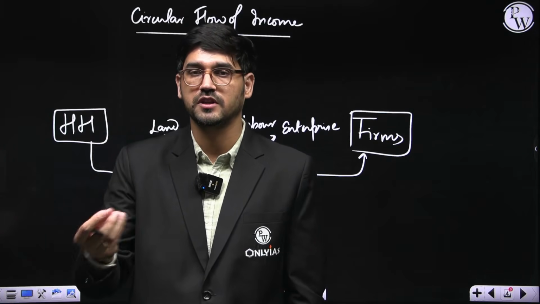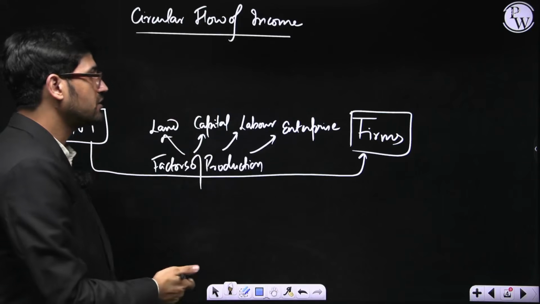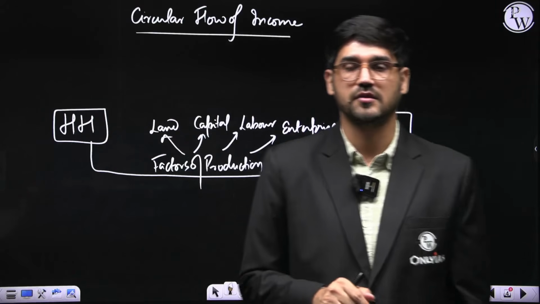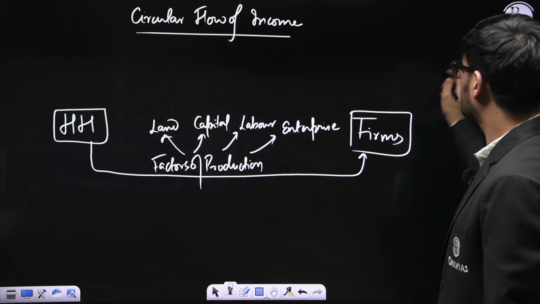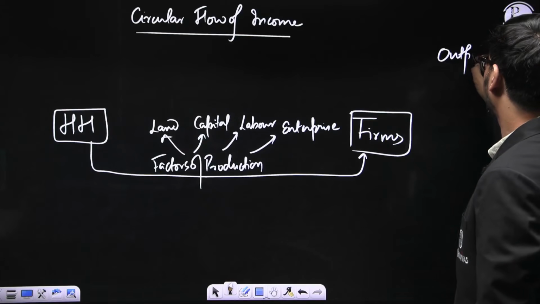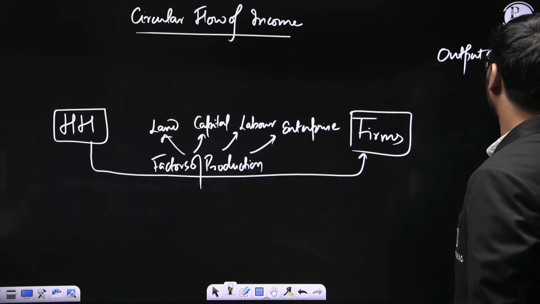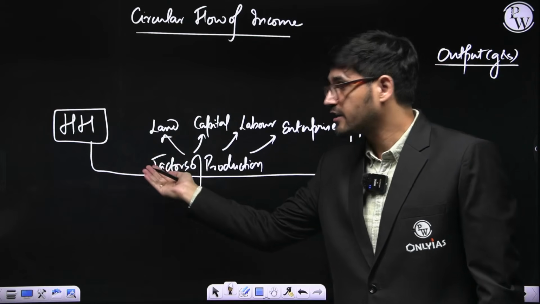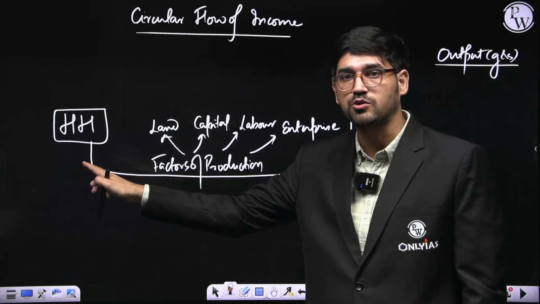Who contributes these factors of production? At the end of the day, each of these factors of production comes from the households themselves. For the firms to produce any output in the form of goods and services, they must require these factors of production. These factors of production are contributed by the households.